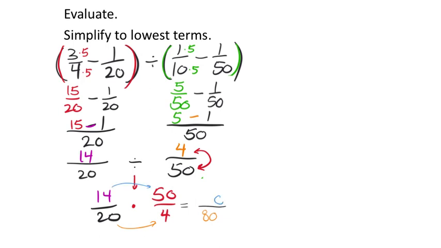I'm going to take the 0 from the 50 and just tack it onto the product. And then all I've got to do for my work is just do 14 times 5. So 5 times 4 is 20, carry the 2. 5 times 1 is 5, but add the 2 makes that 7. So it's 70, but then we tack that onto the 0. Now it's 780ths.